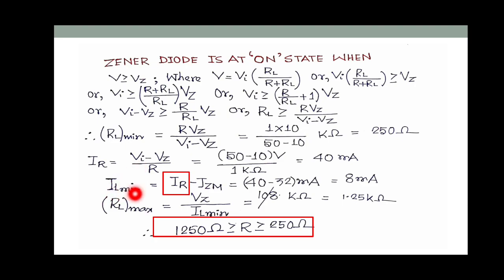Because if RL is increased further, the value of IL will decrease, and since the IR value is constant, the value of IZ will exceed this IZM value, resulting in a heating effect that destroys the Zener diode.